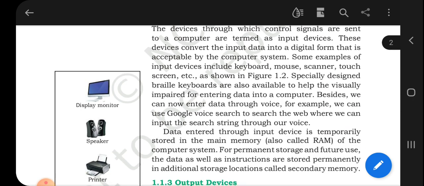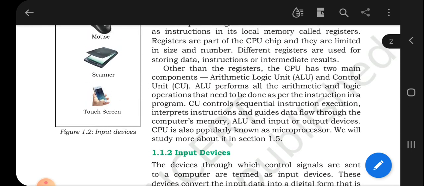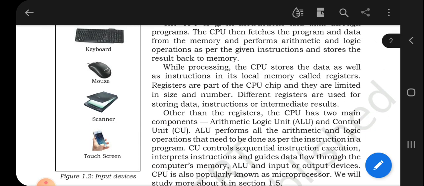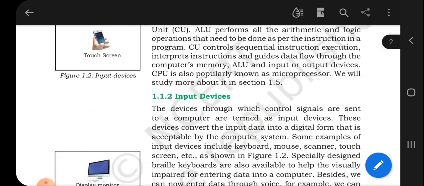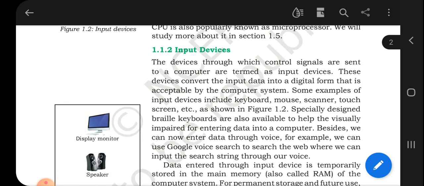As shown in figure 1.2, you can see the input devices include keyboard, mouse, scanner, touchscreen. These all come under the input devices, right? Specially designed braille keyboards are also available to help the visually impaired enter data into a computer.